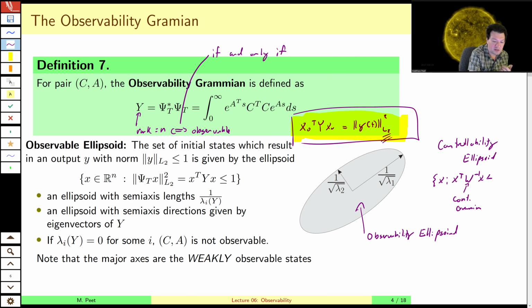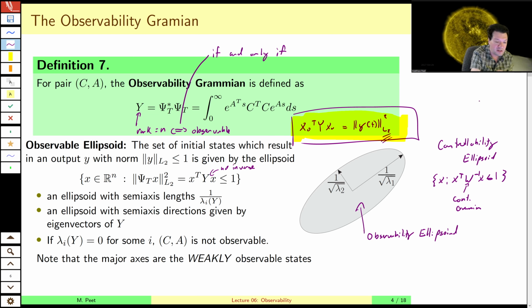And here we don't have that inverse. So constructing our ellipsoid is a little bit different.